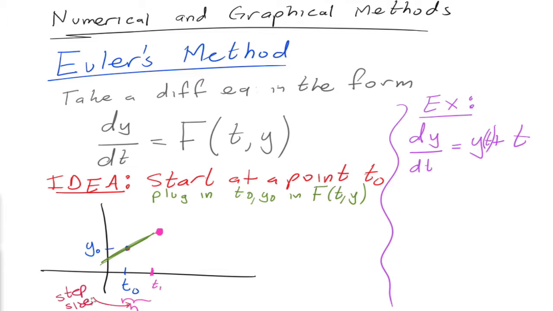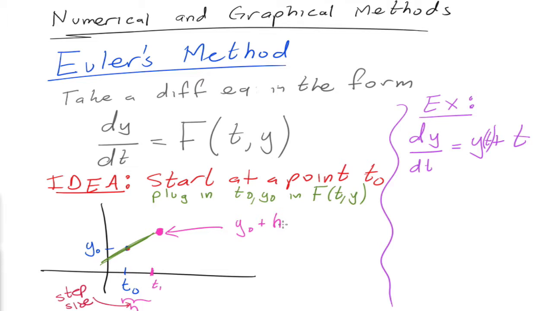So what is that y value? If I want to find the value of that pink dot, what is it equal to? Y naught plus h times the slope of that line.